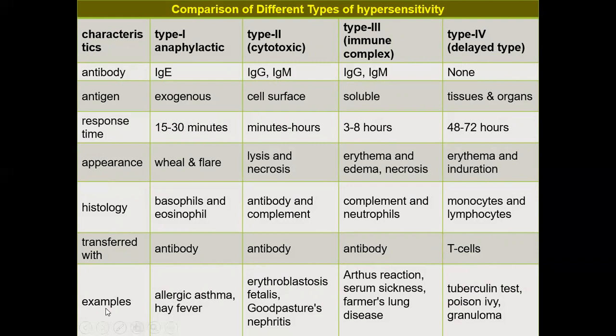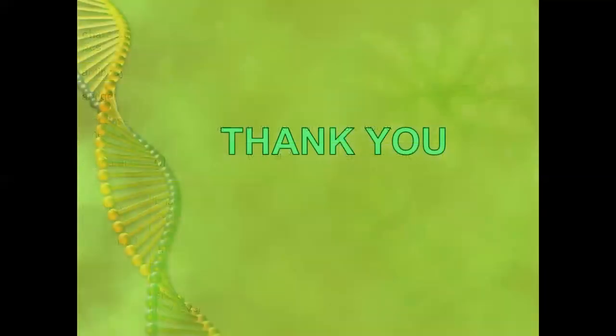Examples for type 1 are allergic asthma, hay fever, type 2, erythroblastosis fetalis, Goodpasture's nephritis, type 3, Arthus reaction, serum sickness, farmer's lung disease, and type 4, tuberculin test, poison ivy, granuloma. These are the comparison of different types of hypersensitivity reactions.